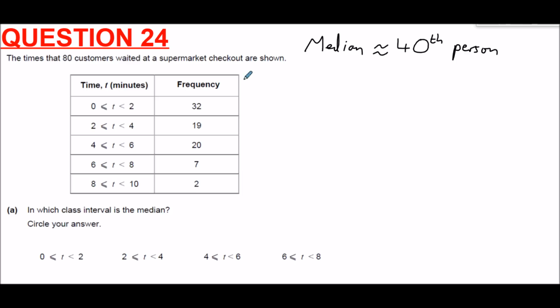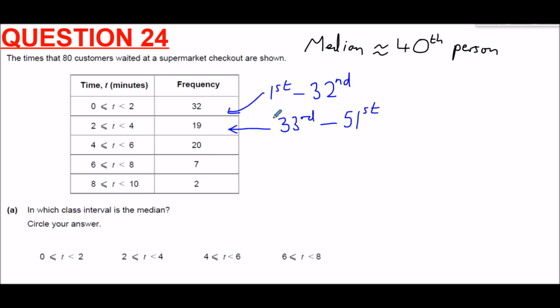And so in which class interval is the 40th person, is what it's saying. So this is the first 32 people, the first person up to the 32nd person. And this is the next 19 people, the 33rd person, all the way up to 32 plus 19, which is the 51st person.